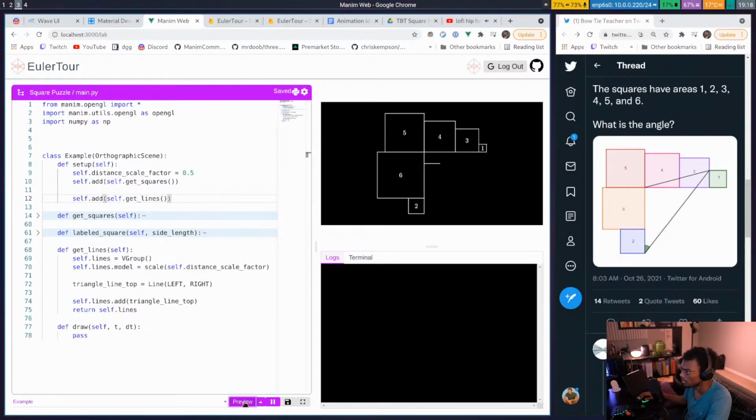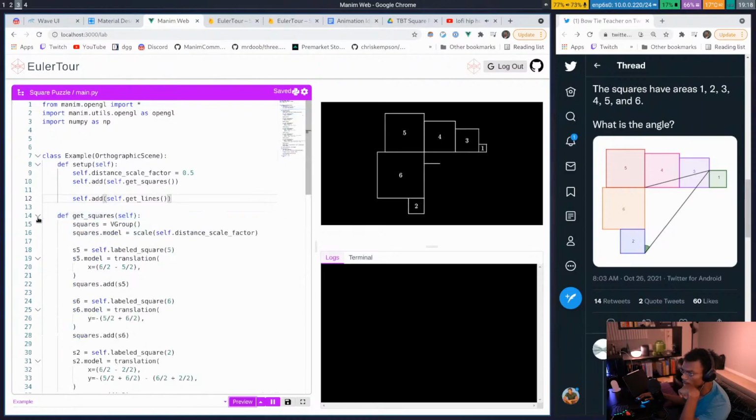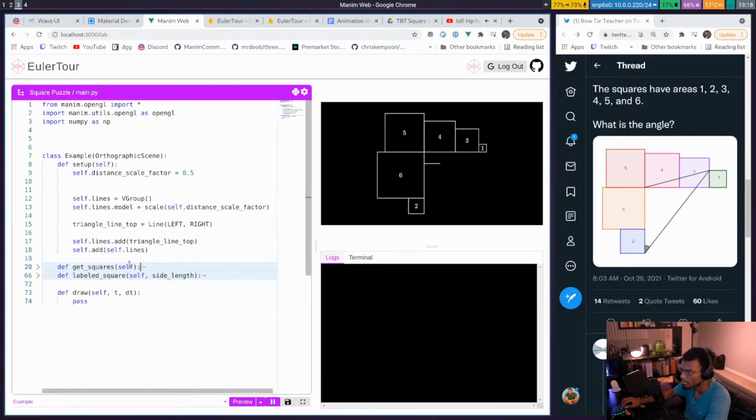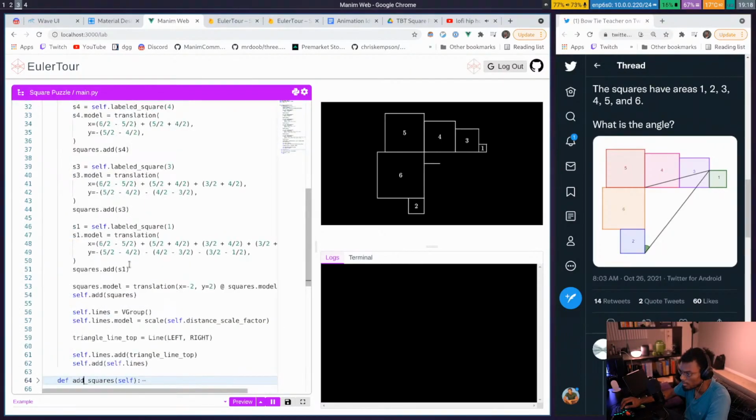Perfect. Great. Although this does have the disadvantage, I don't have the variable names of the squares, which is actually kind of annoying. Darn. Yeah, I think that's actually reason enough not to do it. So much for being ordered.